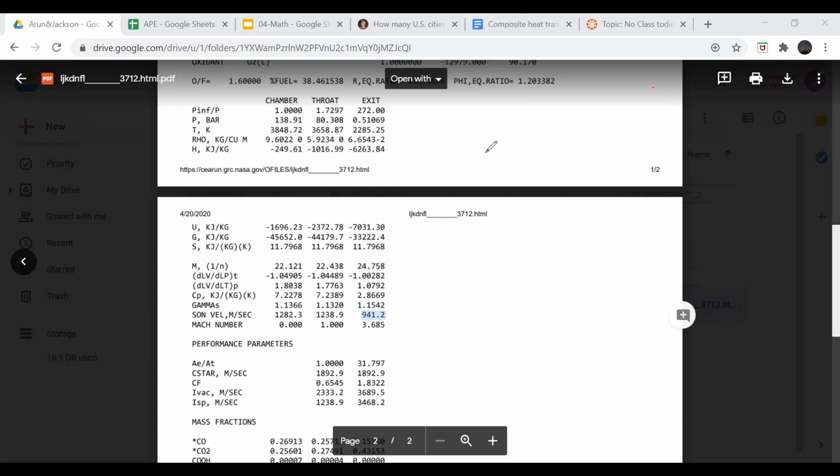But really all that means is the exhaust velocity, or the velocity at that point. I don't know why CEA is outputting that as ISP, but the numerator in the Mach number equation is literally just velocity. So the Mach number is just how many times the speed of sound you're going. That's the local speed of sound.